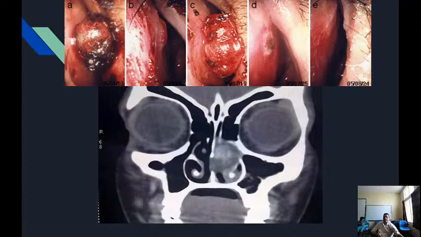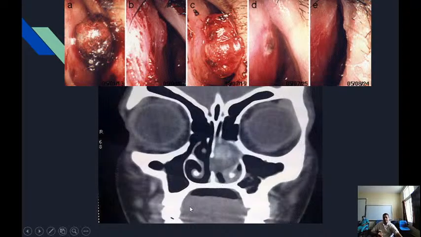And this is an angioma which is attached to the septum. This is the septum here, and that is the nasal vestibule. Usually they are pedunculated. So you remove the tumor along with the peduncle and some amount of mucoperichondrium that is present on the nasal septal cartilage, and maybe cauterize that area.